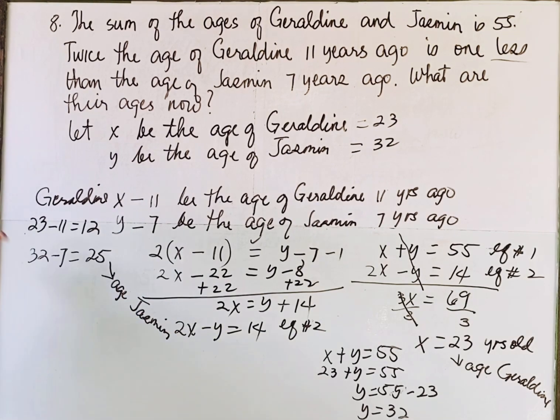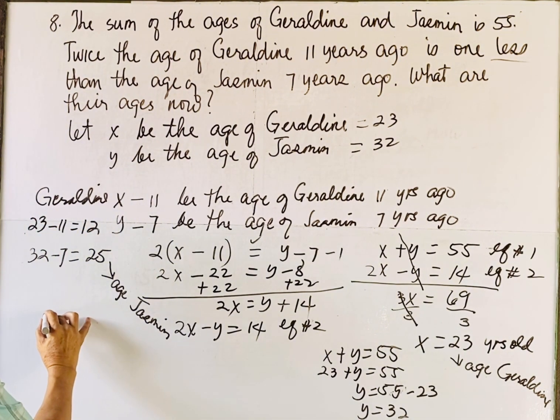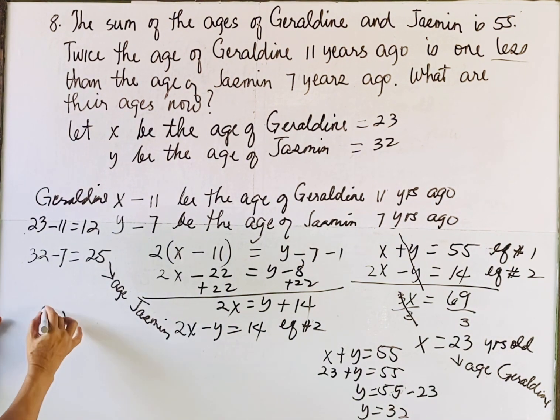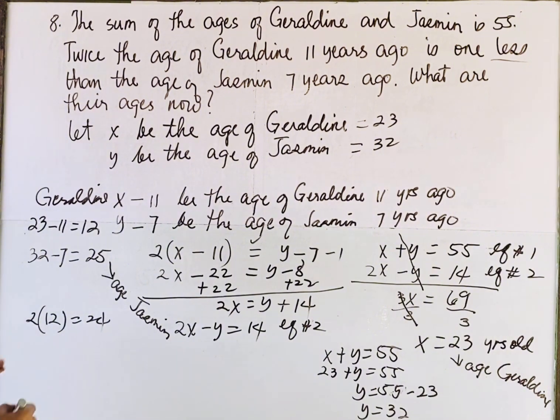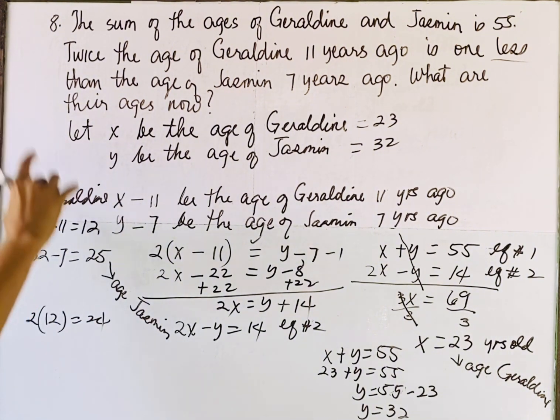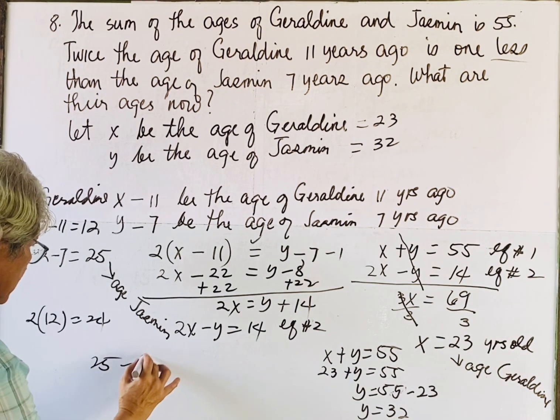Okay, tama ba? Pag daw dinoble ang edad ni Geraldine, pag dinoble natin yung age ni Geraldine 11 years ago, ayun ay 24. Samantalang ang age ni Jasmine 7 years ago ay 25. Ito yung kay Jasmine.